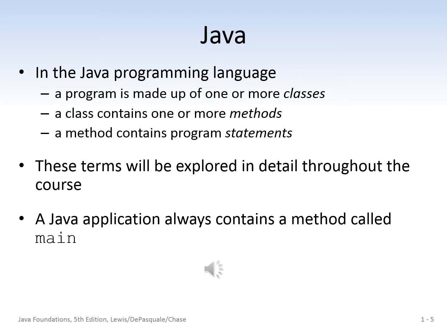And a class contains one or more methods, and a method contains program statements, similar to a function in C++. Okay, and we're going to drill down on classes, methods, objects in very significant detail. It should be noted that a Java application always must contain at least a method called main.